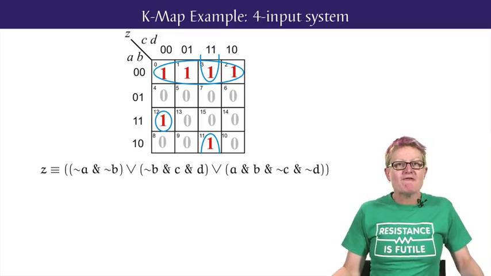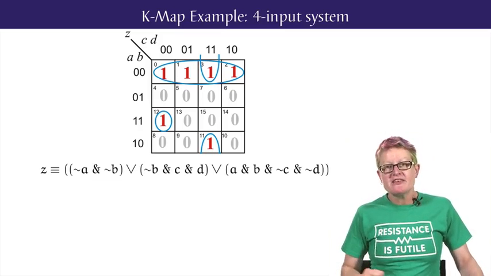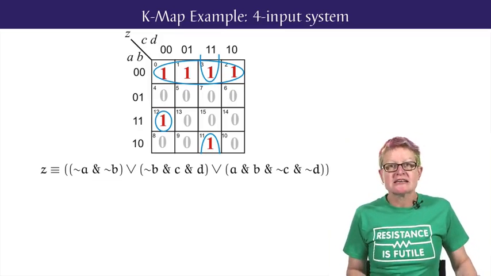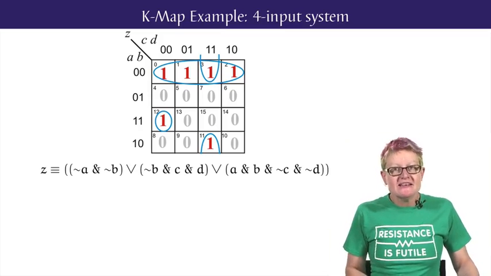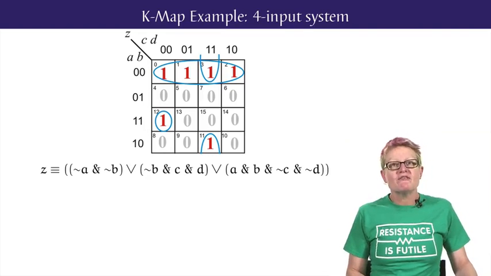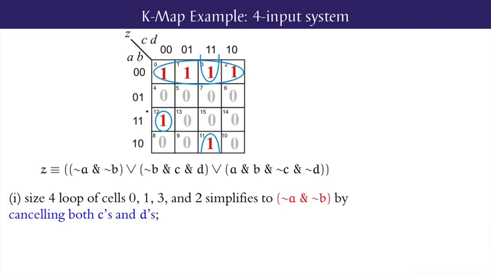Next example, our 4x4 K-map. This one has 6 cells containing 1s, and in this case we can cover them using a total of 3 loops. First, we get a size 4 loop around cells 0, 1, 3 and 2 across the top.